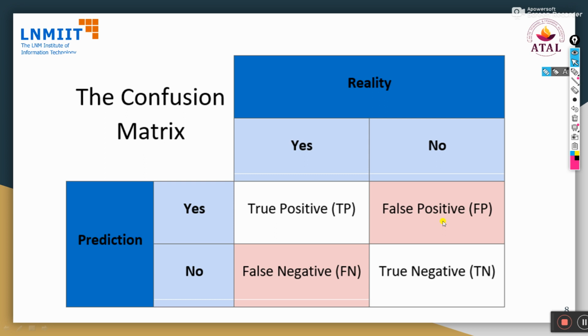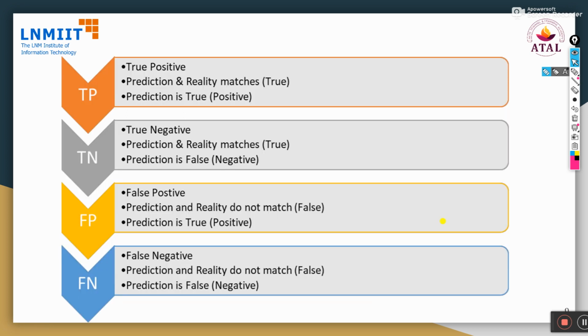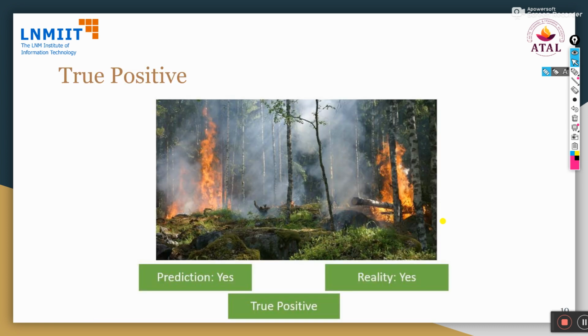On the y-axis we have prediction, and on the x-axis we have reality. If it is yes, it is yes; if it is no, it is no. So we can have true positive, true negative, false positive and false negative. Here is a real example.